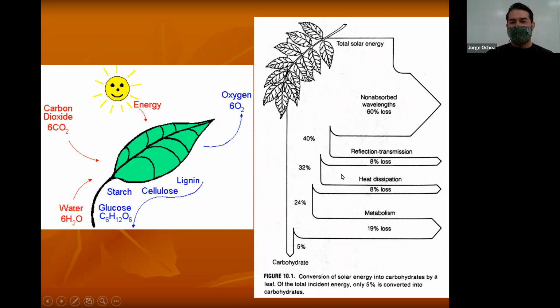When you look at this diagram, again, some of it is going to be reflected, some of it is going to be dissipated, some of it is going to be used for the metabolic process of the plant, and only about 5% of that light that hits the leaves or that is able to be used by the plant in photosynthesis is going to be used for creating the glucose or the carbohydrates, the food, the storage for the plant.